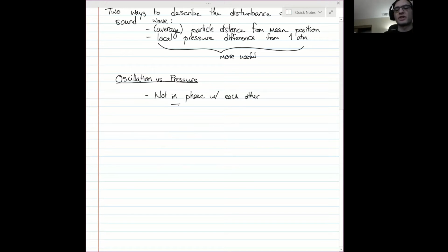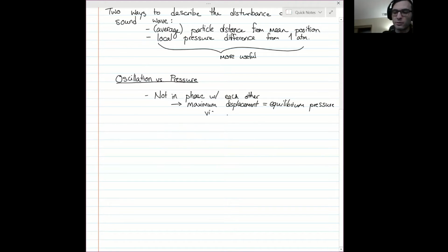And to be more specific about them not being in phase with each other, we saw that the maximum displacement, this is the average displacement of an air particle, occurs when we are at equilibrium pressure. It occurred halfway between minimum and maximum pressure, and vice versa.